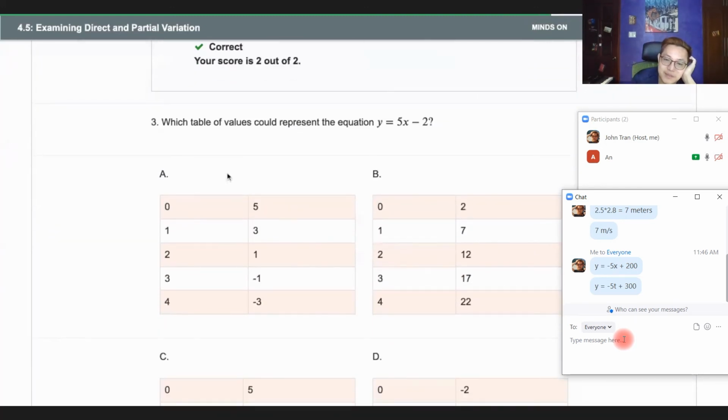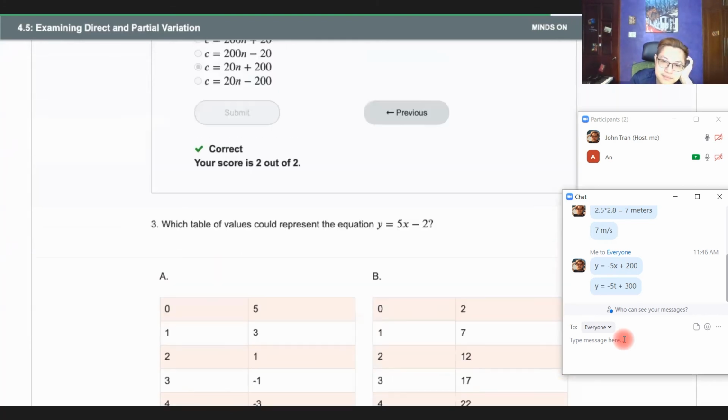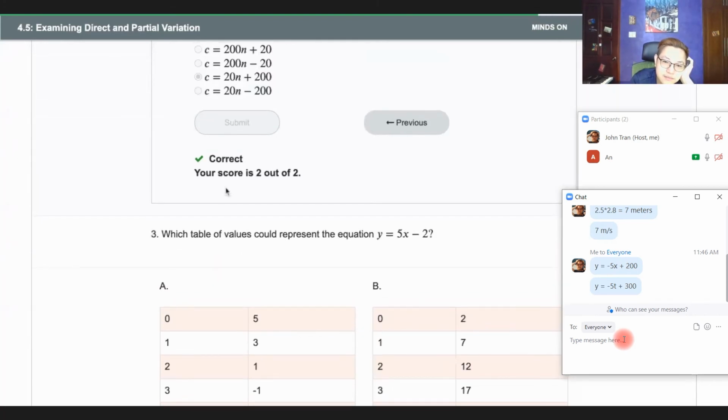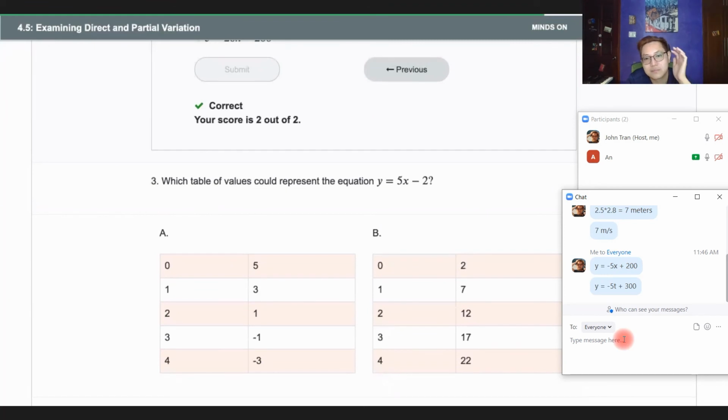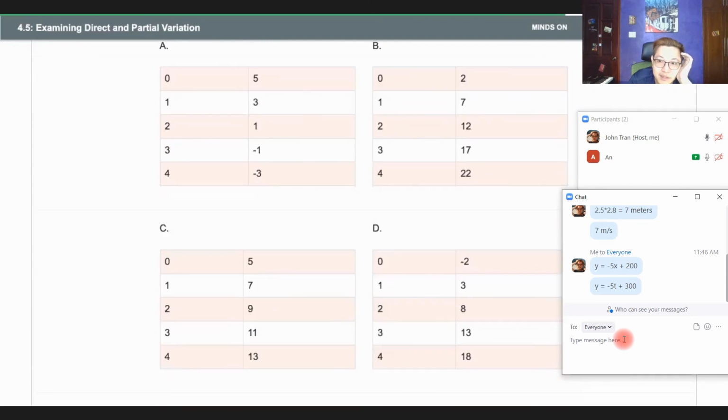Which table of values could be represented by the equation y equals 5x minus 2? First, you have to see if the value is going up or going down.